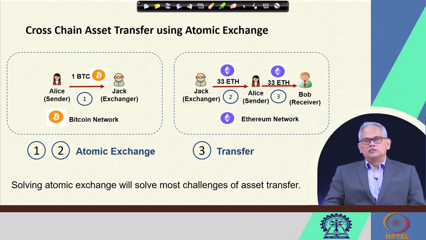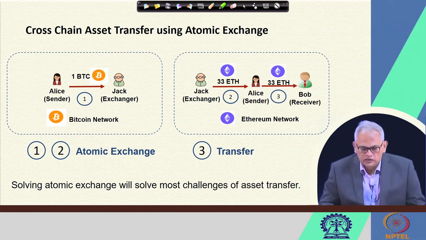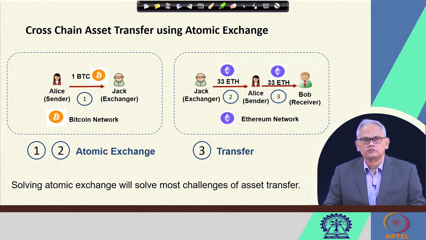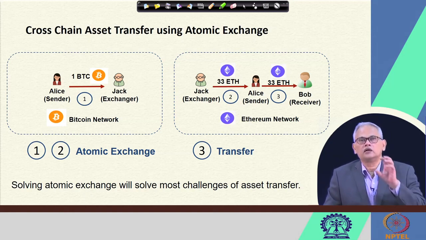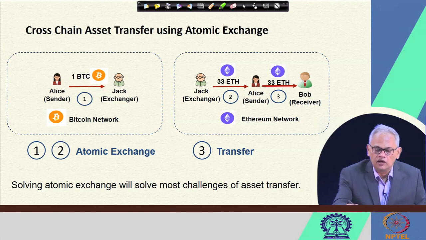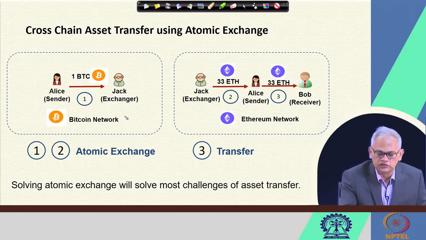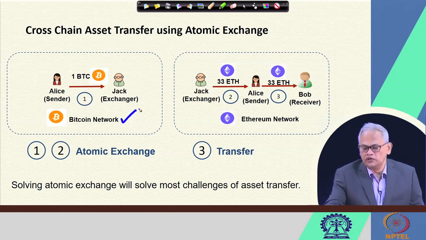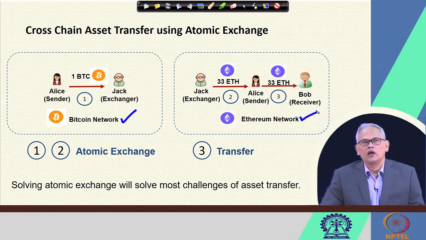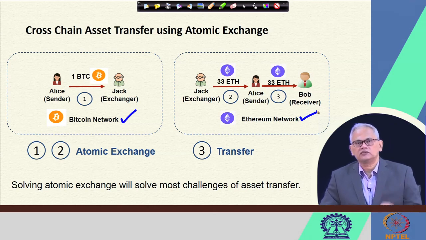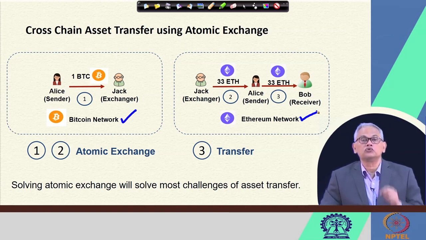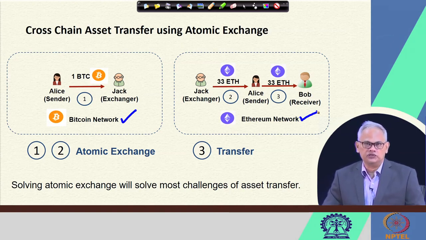So, let us try to understand what is meant by this cross chain asset transfer using atomic exchange. So, if we look at this particular diagram, we see that there are two networks. On one side we have the Bitcoin network, and on the other side we have the Ethereum network, and then in the Bitcoin network, Alice the sender sends one Bitcoin as an example, it could be any number of Bitcoins of course, to Jack, which is acting as the exchanger.